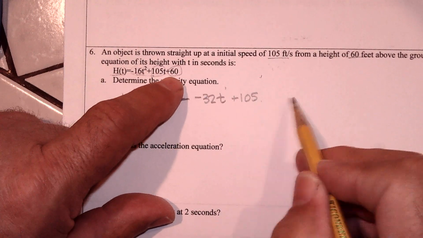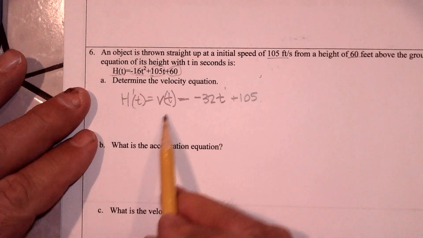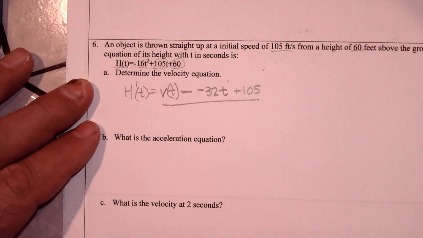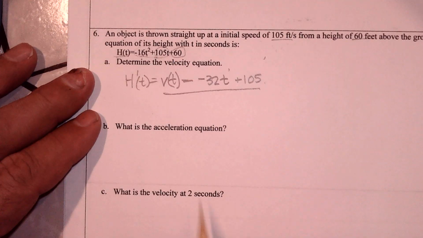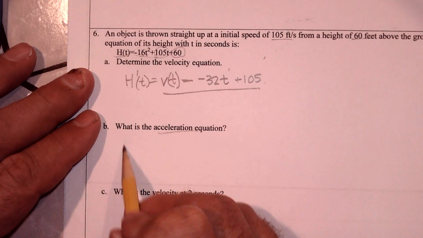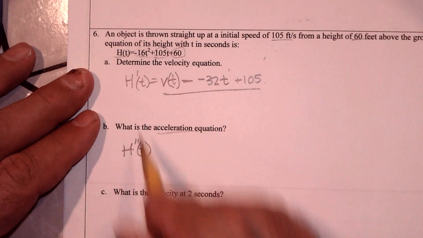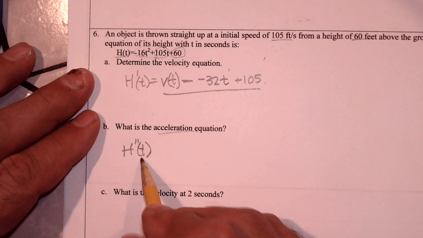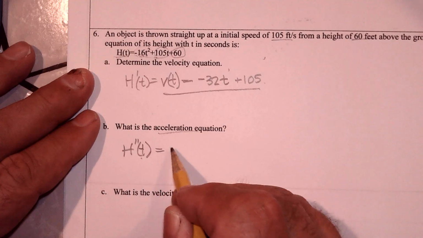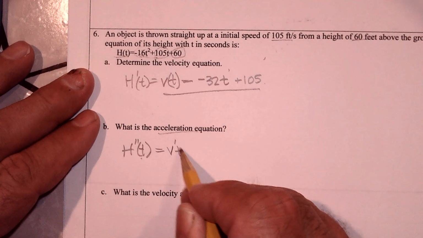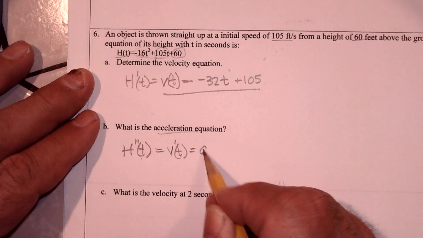So you're done there, and the derivative of 60 is gone. So there's the velocity equation. Acceleration is the second derivative of the position equation, or the derivative of the velocity equation, and that gives you the acceleration.